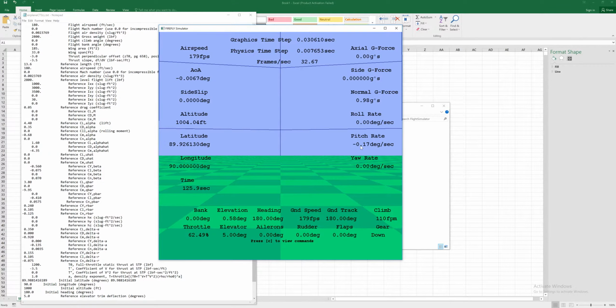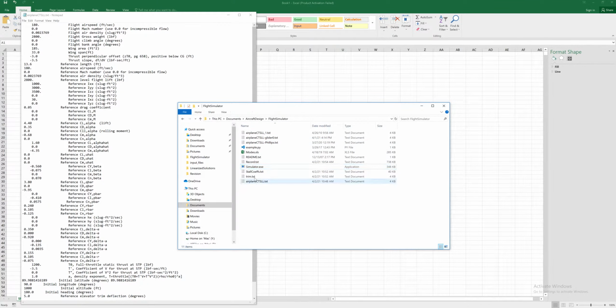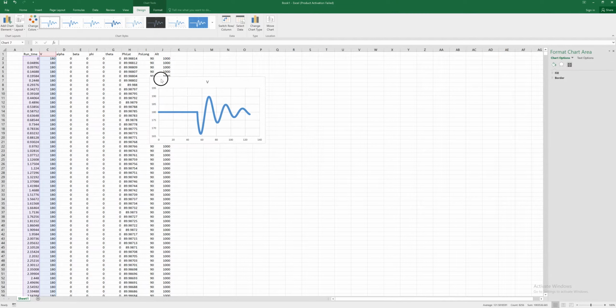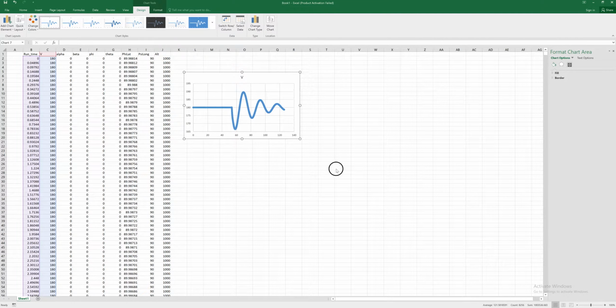Okay, so let's get out of this, and it records it to this text file. I'm going to take the data in here and drop it into Excel. Okay, and then I'm just going to plot some of this data as a function of runtime, and look at what this looked like as a function of time.